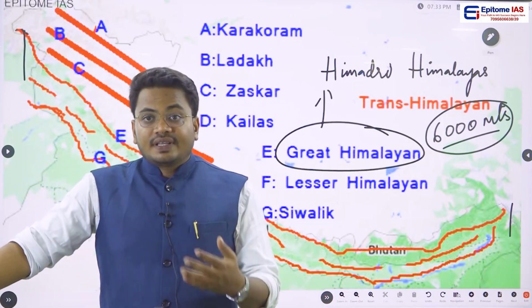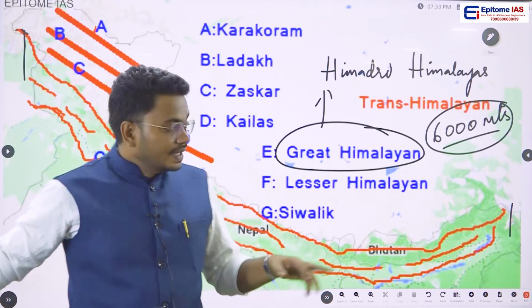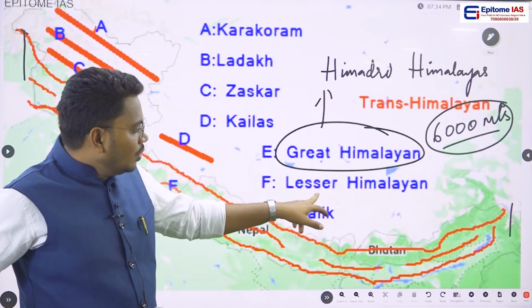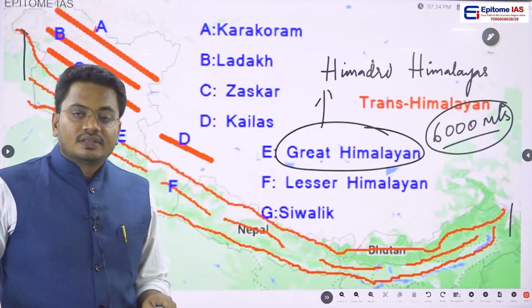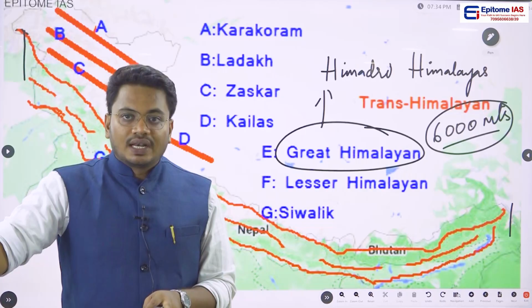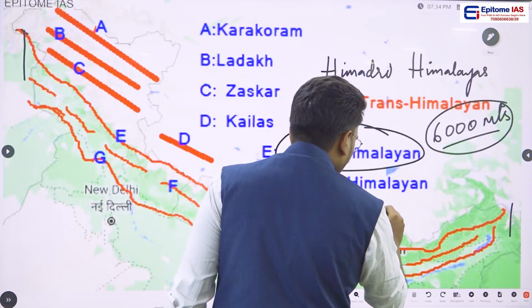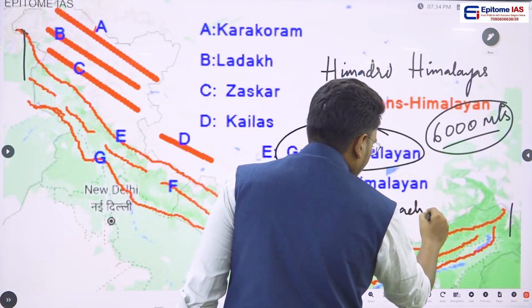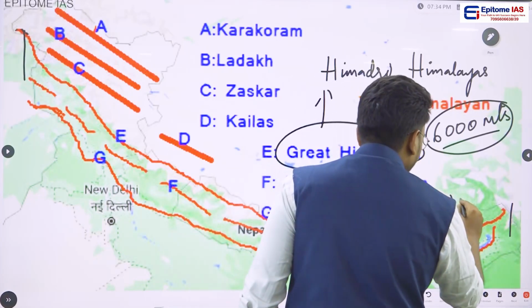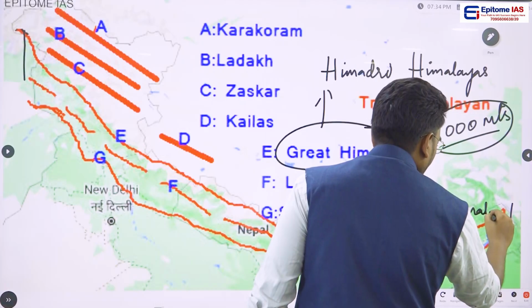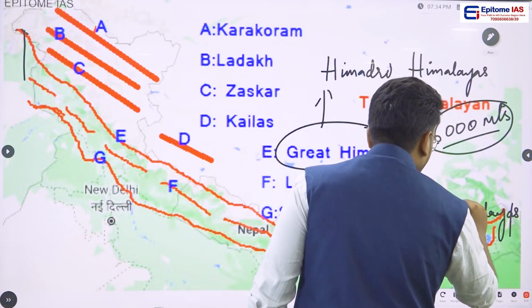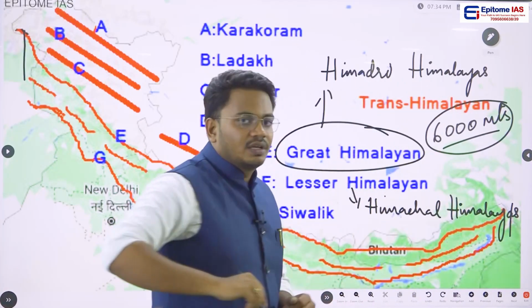Now, to the southern side of these Greater Himalayas, we have another set of Himalayas. That set of Himalaya is called the Lesser Himalayas, and these Lesser Himalayas are also called Himachal Himalayas.